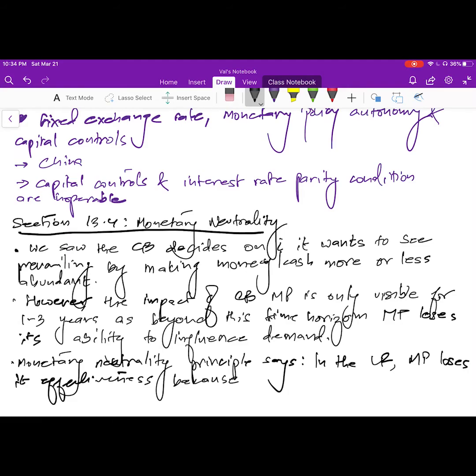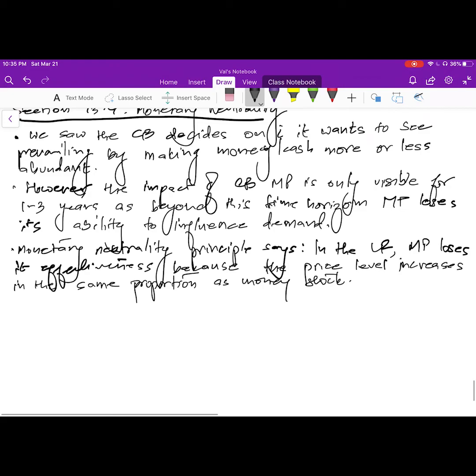So the monetary neutrality principle says in the long run, monetary policy loses its effectiveness because the price level, as I mentioned before, increases in the same proportion as the money stock. Okay.